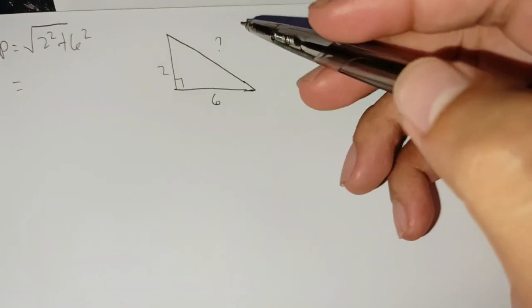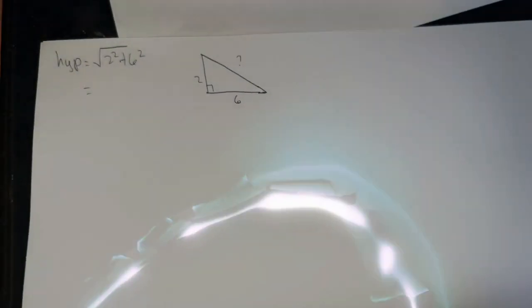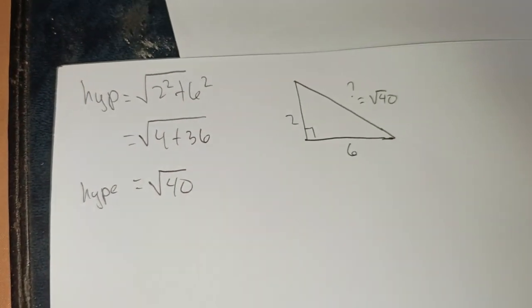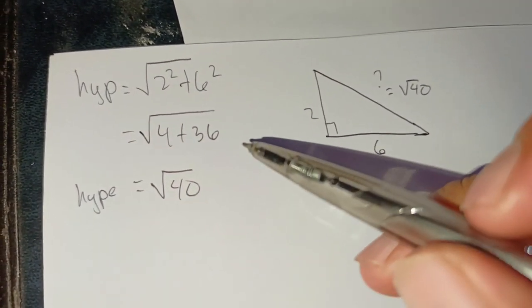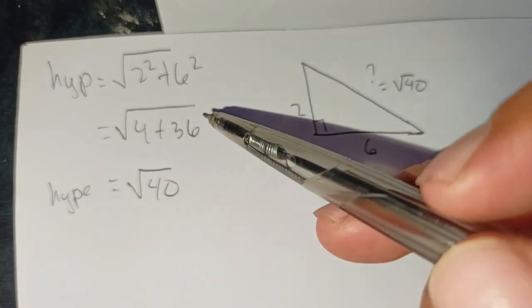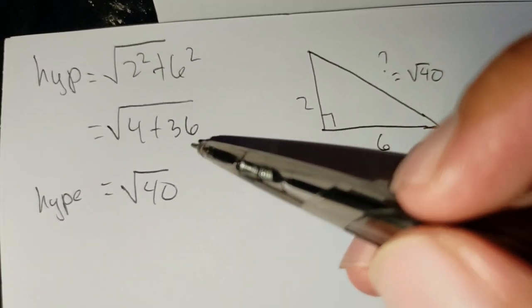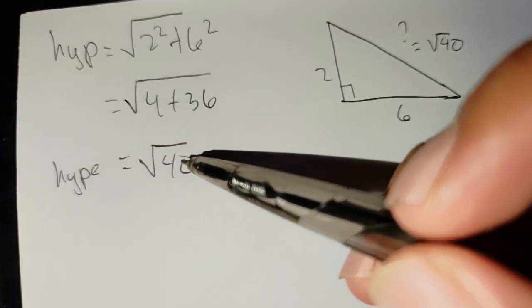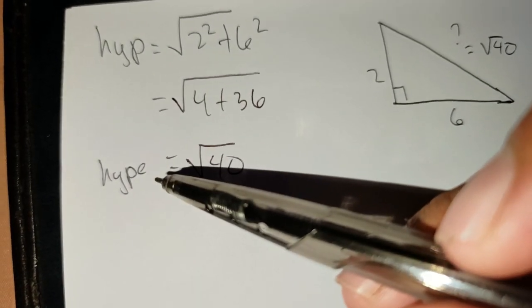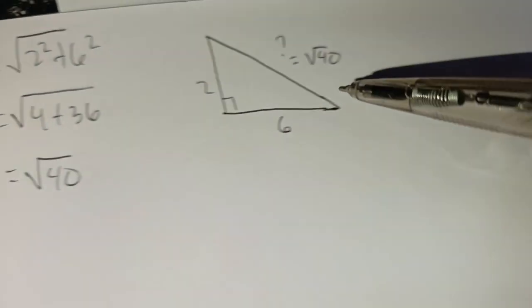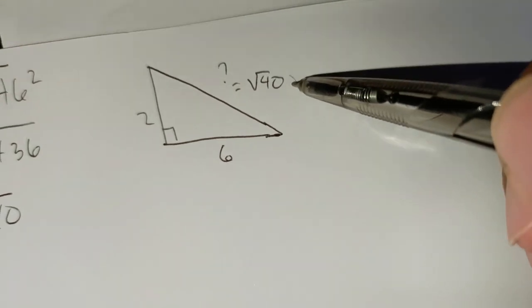We have here the square root of 4 plus 36, which is equal to 40, and so we have found its hypotenuse, which is the square root of 40.